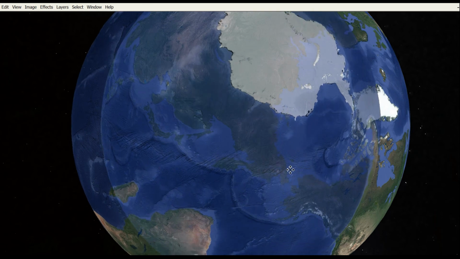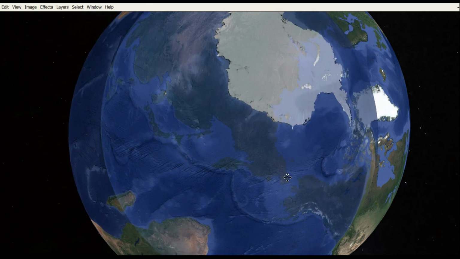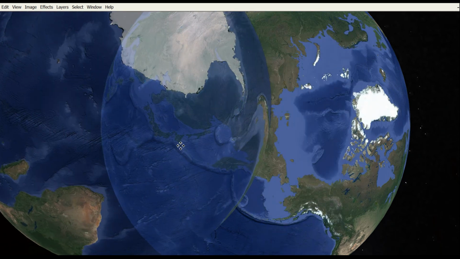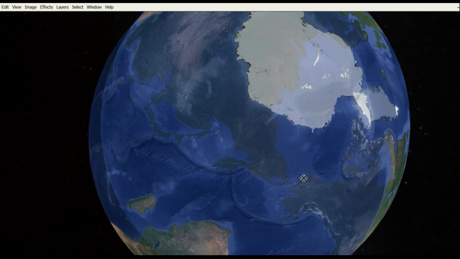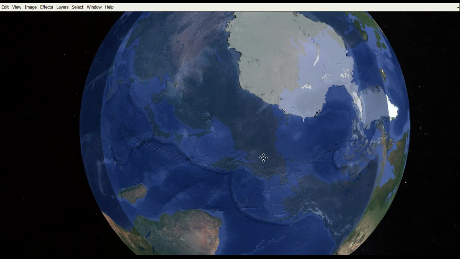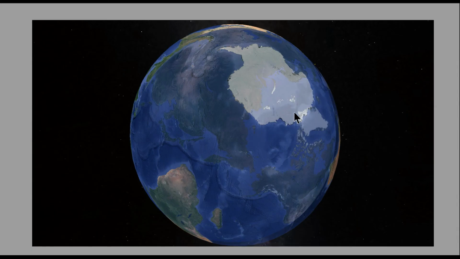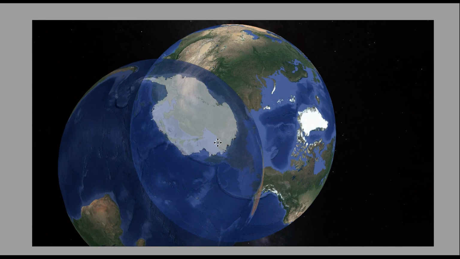And this is my proof, because when I take Antarctica and I put it on the opposite side of the planet, reversed, or not reversed actually, it doesn't matter. It does it either way. Yeah, see, take a look. Here it is reversed.